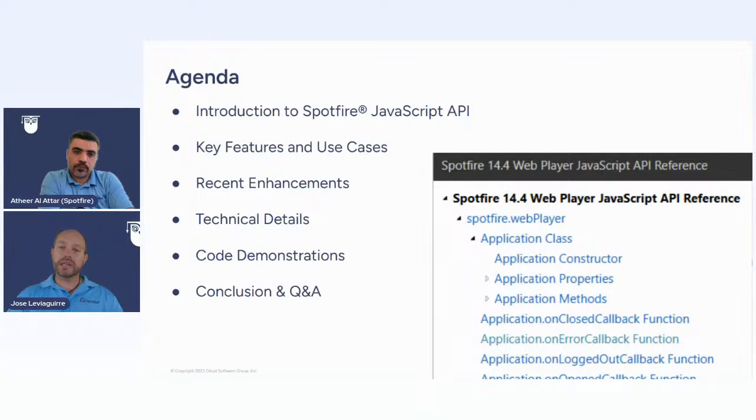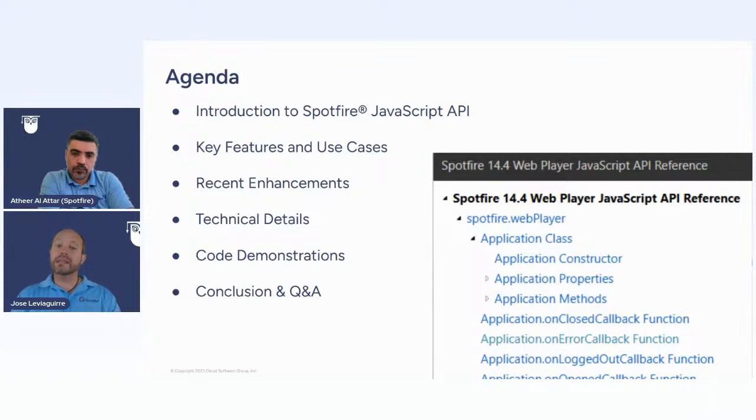The bidirectional interaction is particularly powerful. It means that your web applications can control Spotfire, and Spotfire can trigger actions in your application. For example, when a user clicks a bar on a chart, you could update other components on your web page, or vice versa. I'll be showing you practical examples through this presentation for you to get started, but keep in mind that this API opens up possibilities far beyond what I will demonstrate here.